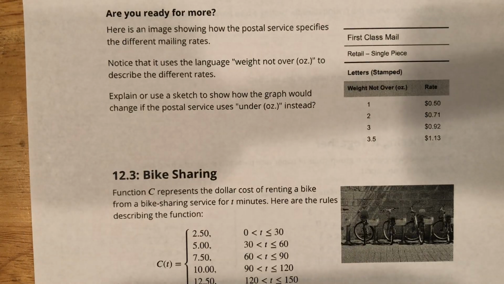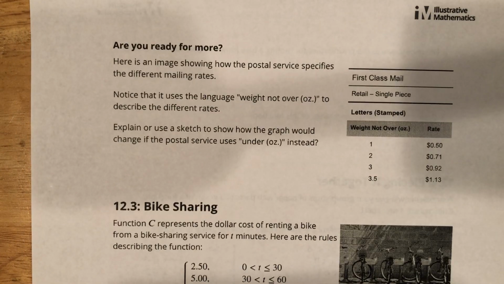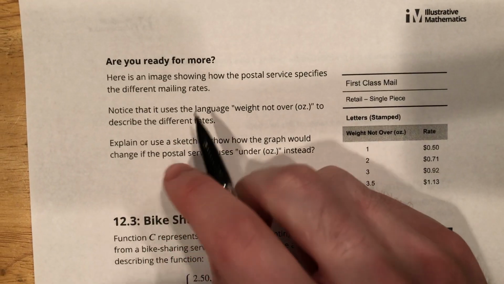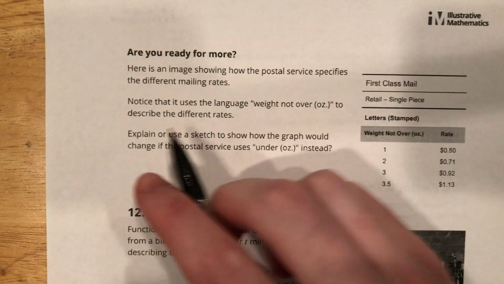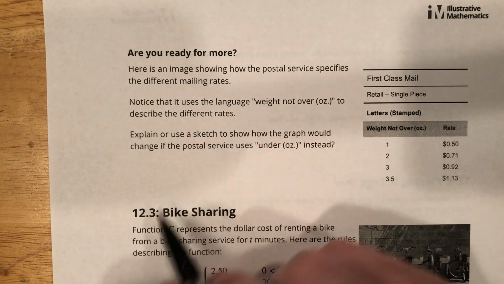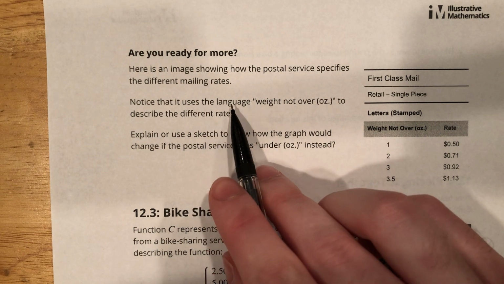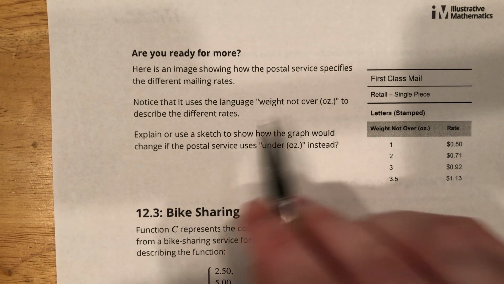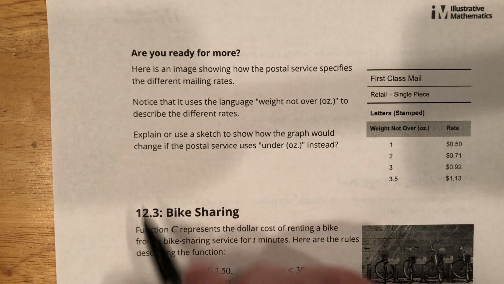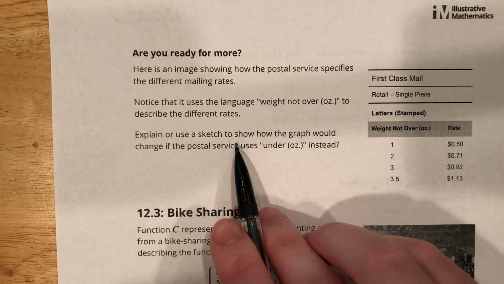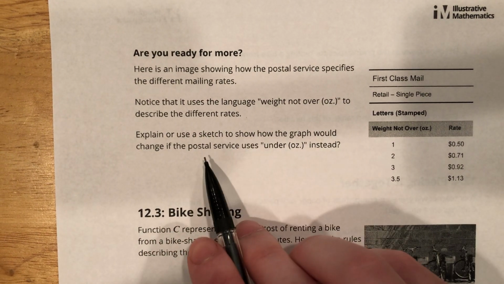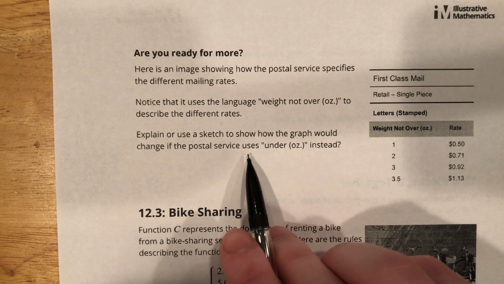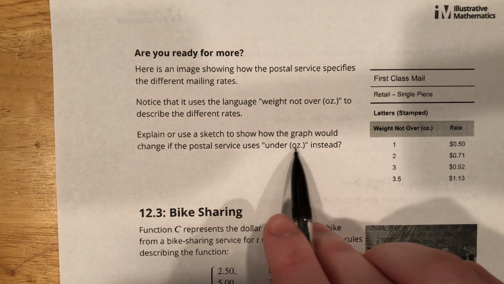No, we got an Are You Ready for More in 12.2. Here is an image showing how the Postal Service specifies the different mailing rates. Notice that it uses the language weight not over parentheses ounces to describe the different rates. Explain or use a sketch to show how the graph would change if the Postal Service uses under ounces instead.